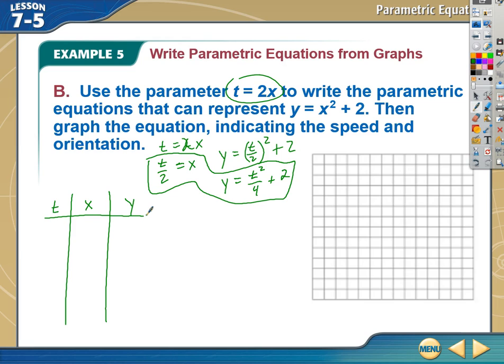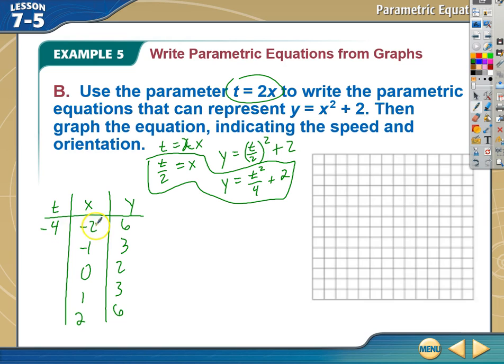So my x's and y's will not change. I'm still going to have -2, -1, 0, 1, 2. Still going to have 6, 3, 2, 3, 6. The difference is how I choose my parameter.